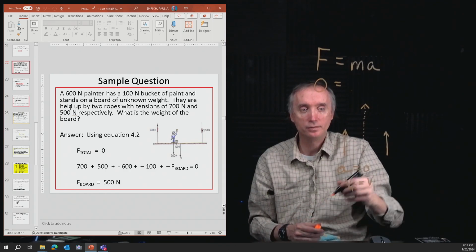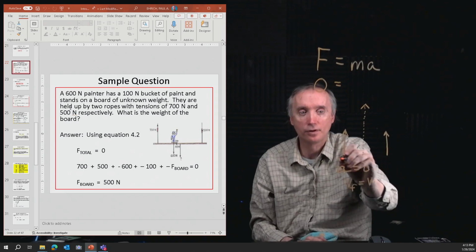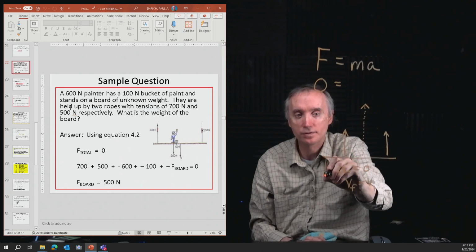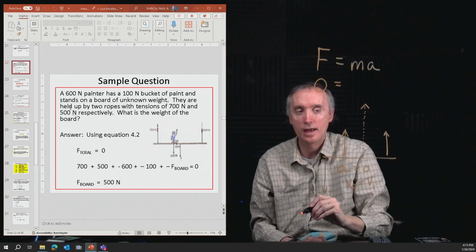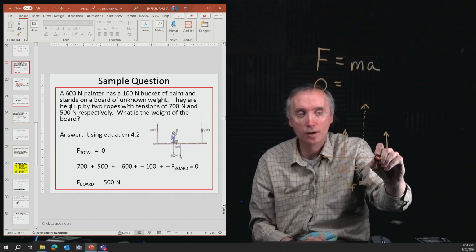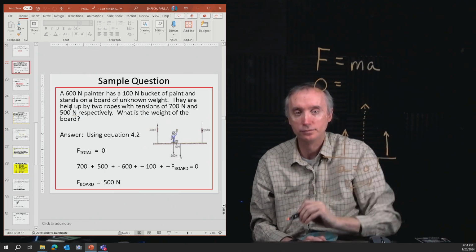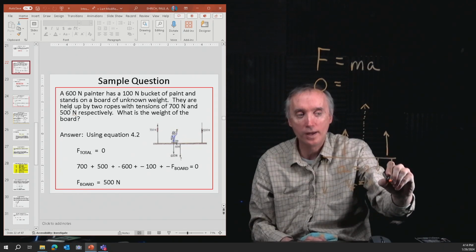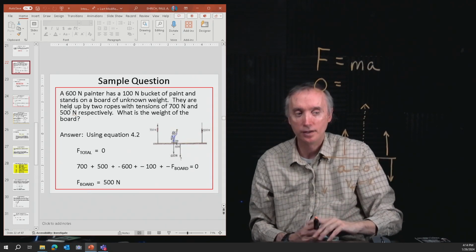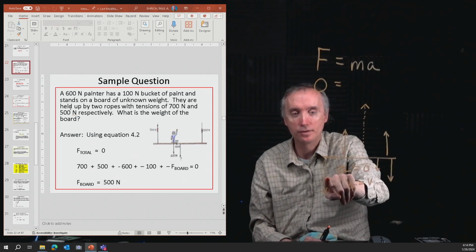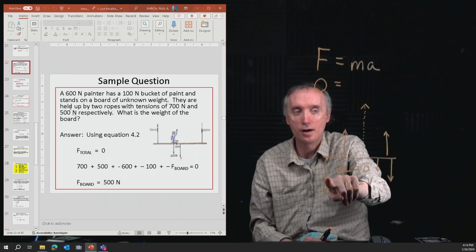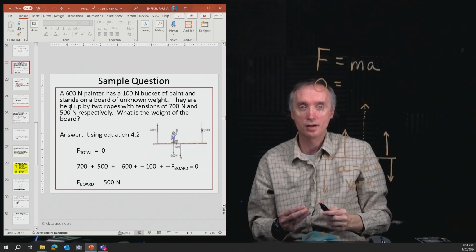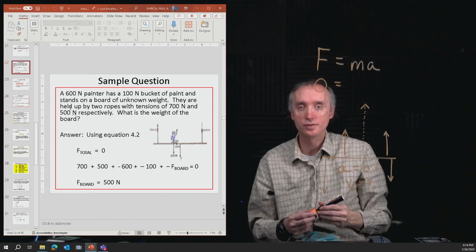That means when we add together the force representing the weight of the beam, the force representing the weight of the paint bucket, and the force representing the weight of the person, these three together have to equal the opposite of these two up here. If it's in static equilibrium, the sum of the forces has to equal 0.